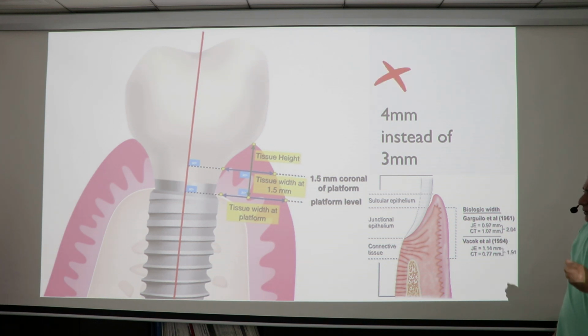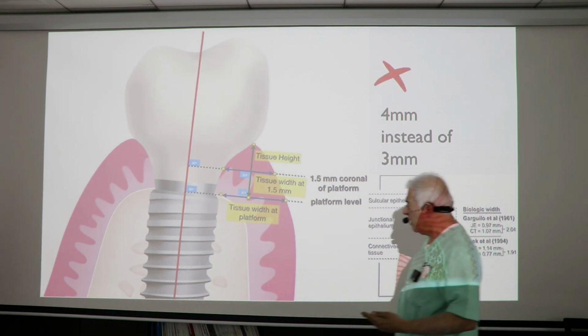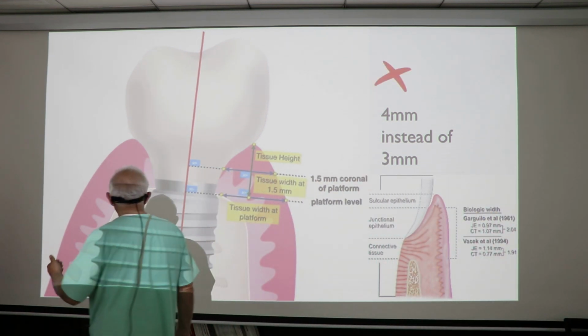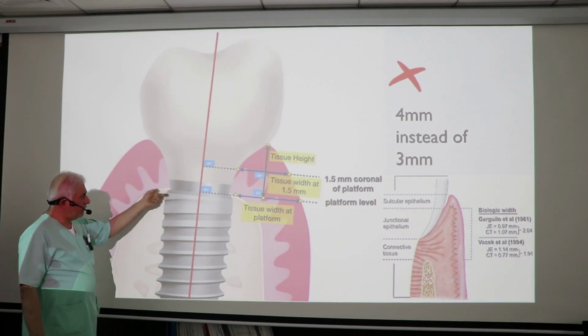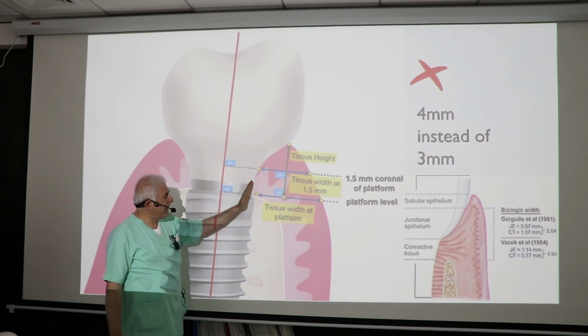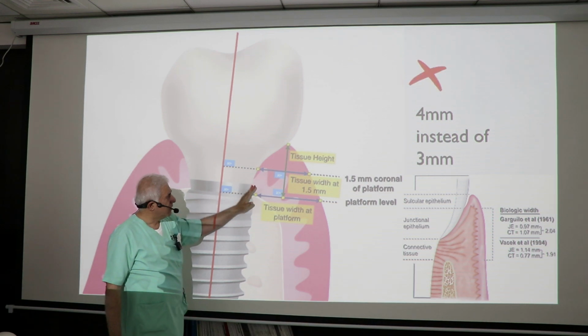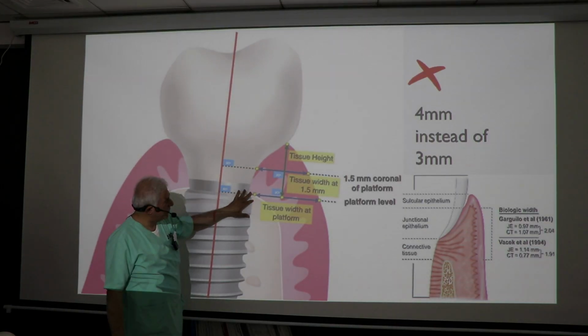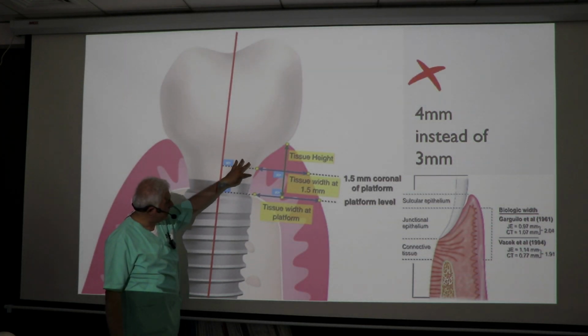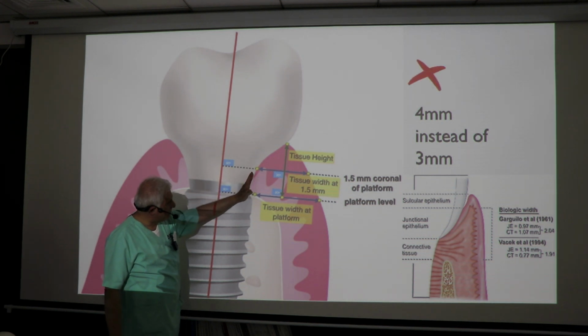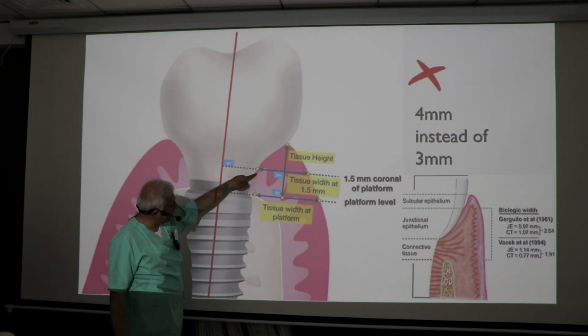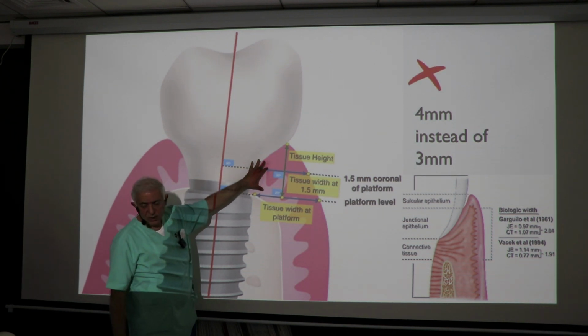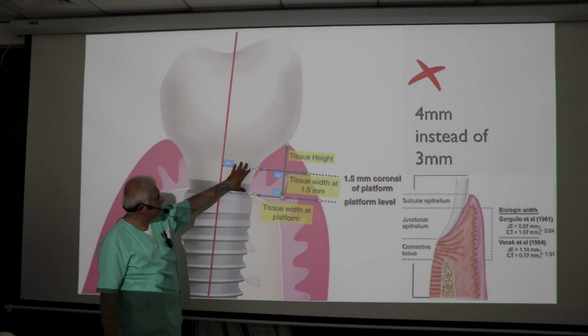Alright, let us start from the beginning, the same theory. Imagine we did place the implant slightly below the bone level. We maintained the first 1.5 millimeter straight or concave, even better if we can make it concave. So the connective tissue is not disturbed.